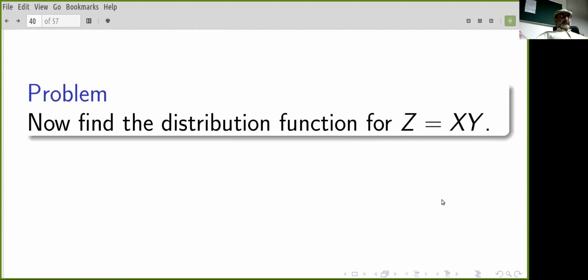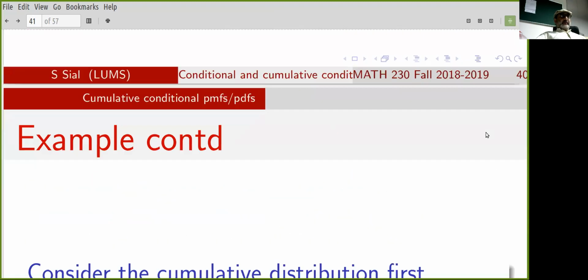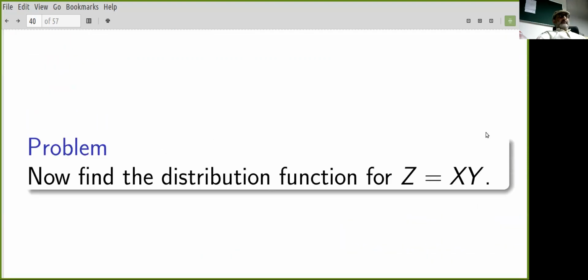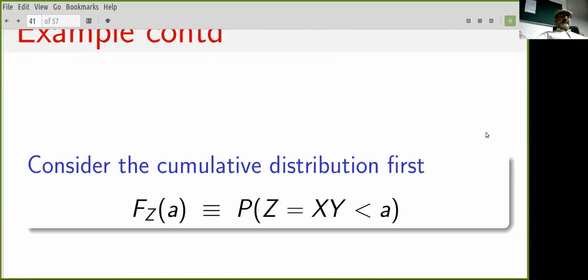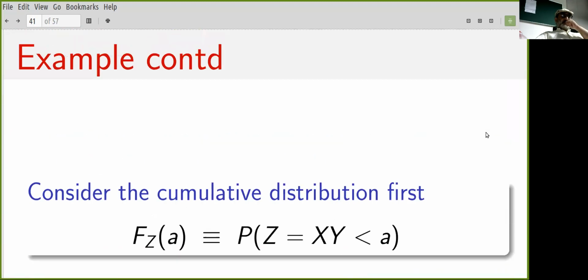Another problem would be to find the distribution function for z equals x times y. One way to do that is to find the cumulative distribution first. Once you've found the CDF, you can work out the PDF.